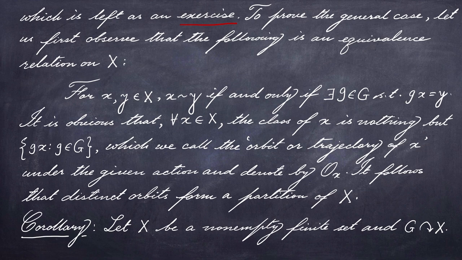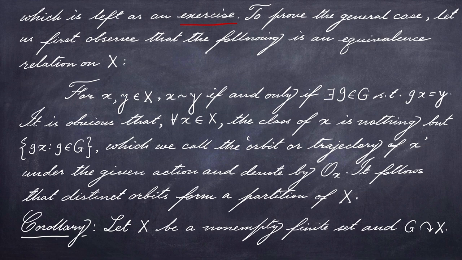So it's customary to call this the orbit or trajectory of x under this given action, and denote this by O_x. Since the O_x are the equivalence classes, it follows that the distinct orbits under this action form a partition of X. Okay, so this is just a mere consequence of the fact that for an equivalence relation, the equivalence classes form a partition of the given set, and here the equivalence classes are nothing but the G-orbits of the points. So the distinct orbits thus form a partition of X.